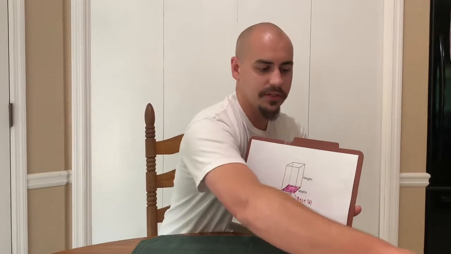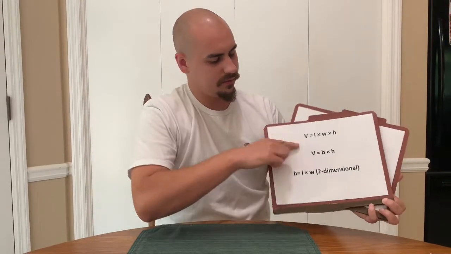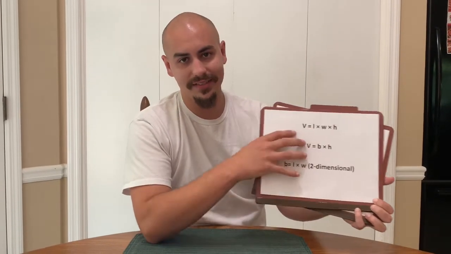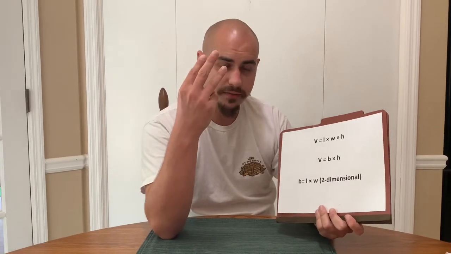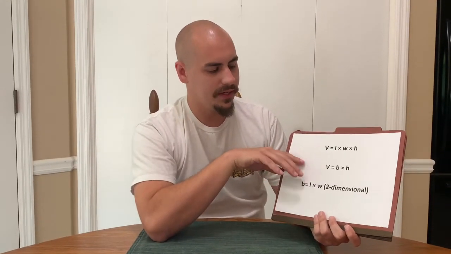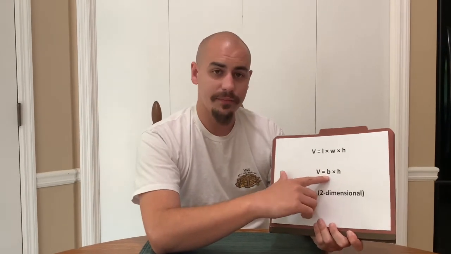So if we're using this formula, where volume equals base times height, and your child is struggling with why we use cubic units, or the 3, versus the 2 for square units, they might think that because you're only multiplying base times height, that's two things, so you use squared.